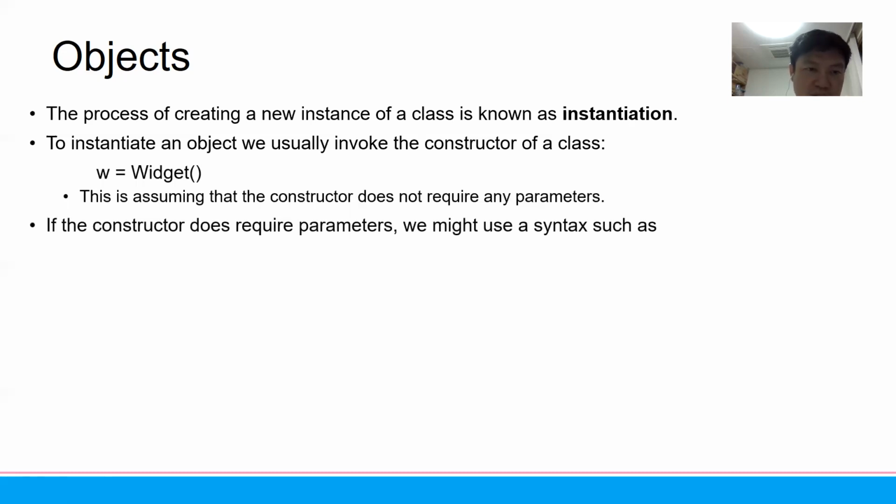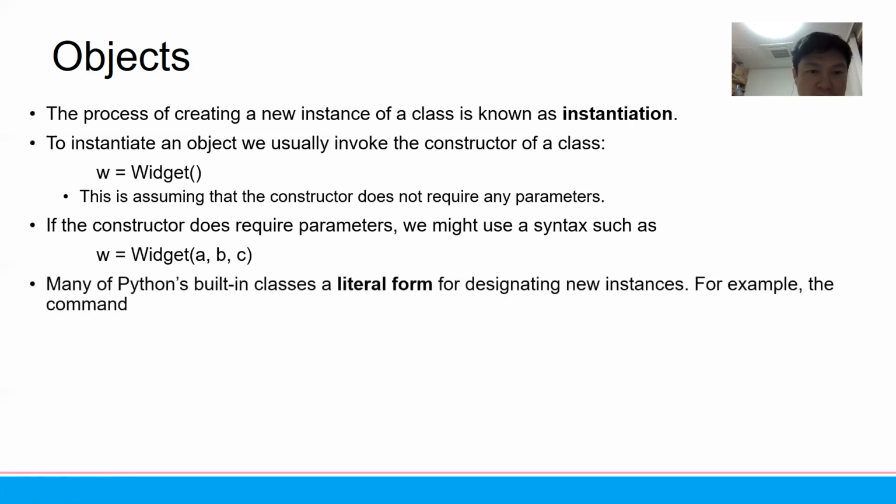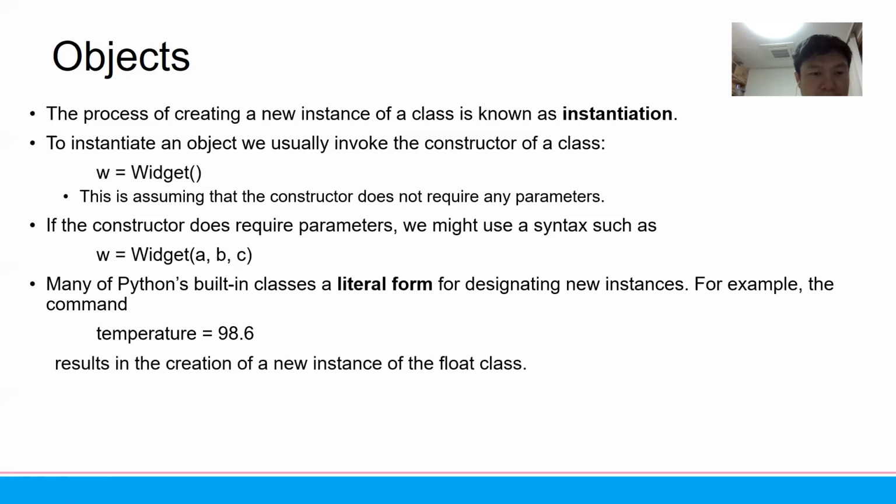If the constructor does require parameters, we might use a syntax like this one, with three parameters: A, B, and C. Many of Python's built-in classes allow a literal form for designating new instances. For example, this is the literal form that we already learned: just giving 98.6 to the temperature, so the temperature will be a new object, the result of instantiating a new instance of the float class.